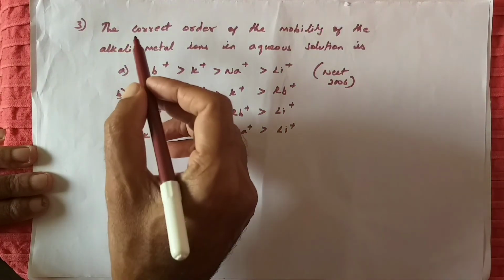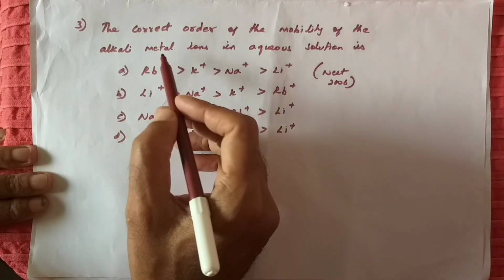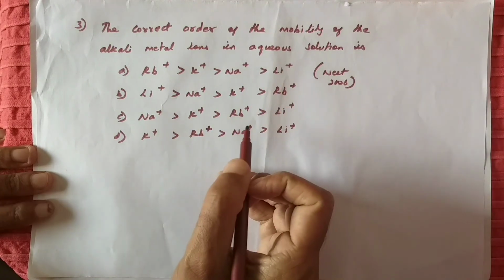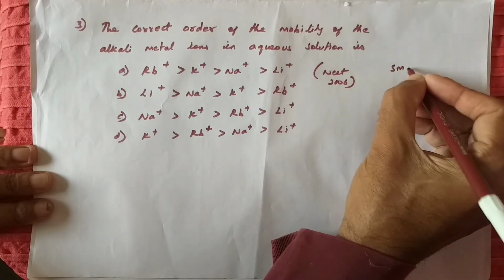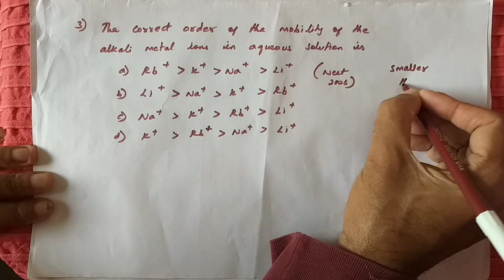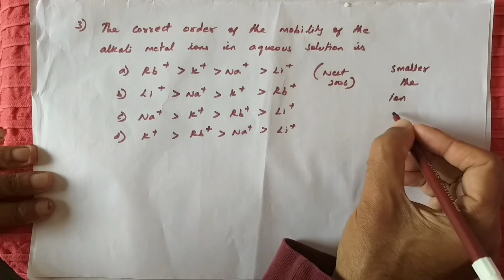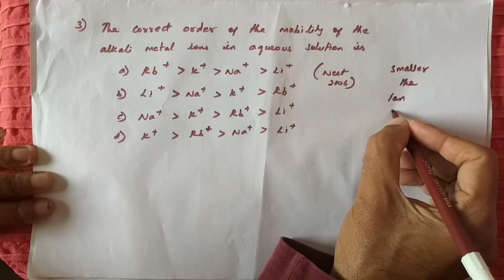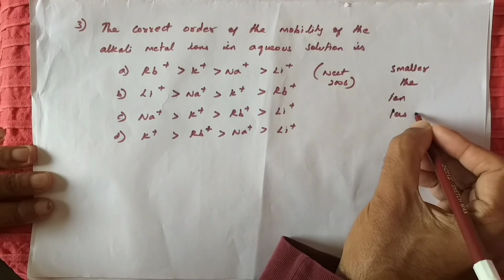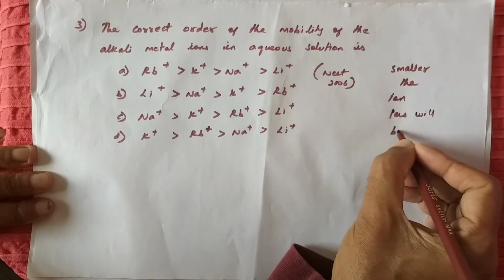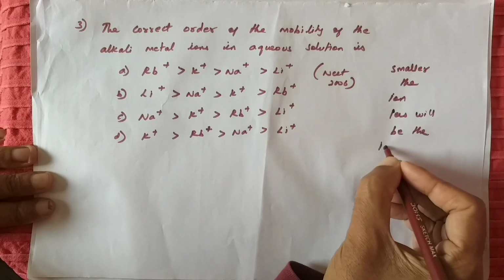Next question: the correct order of the mobility of alkali metal ions in aqueous solution is. We know that smaller the ion, more will be the force of attraction and less will be the ionic mobility.